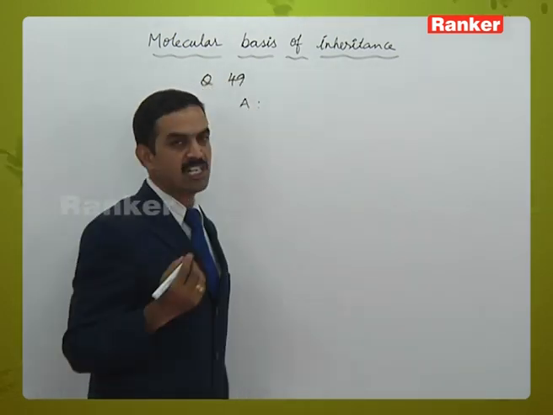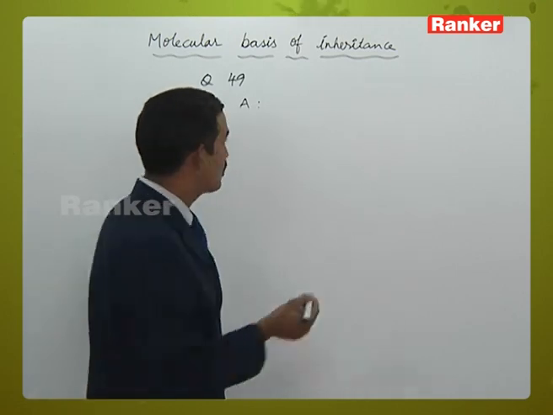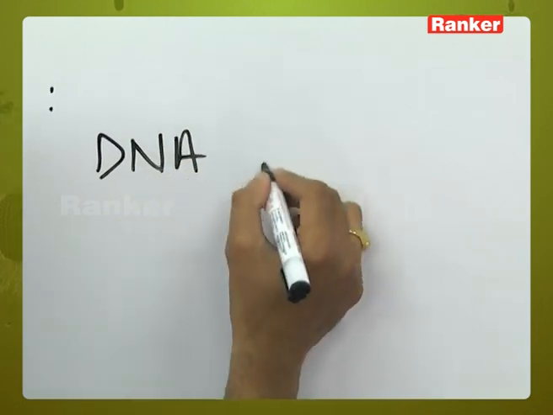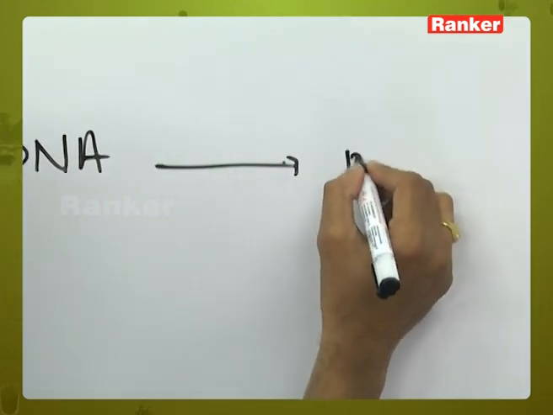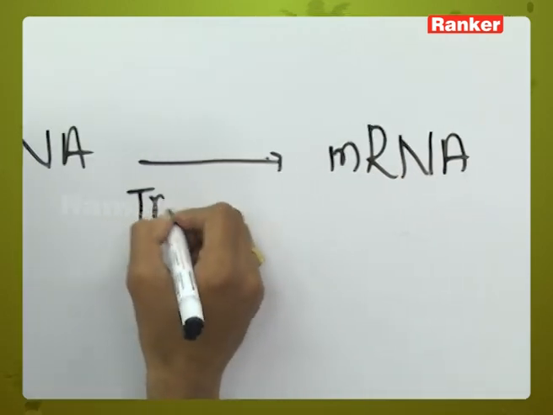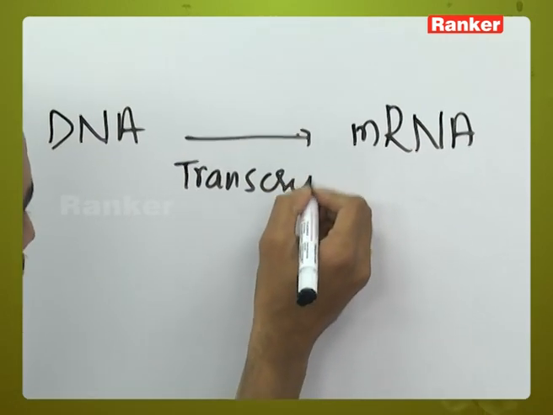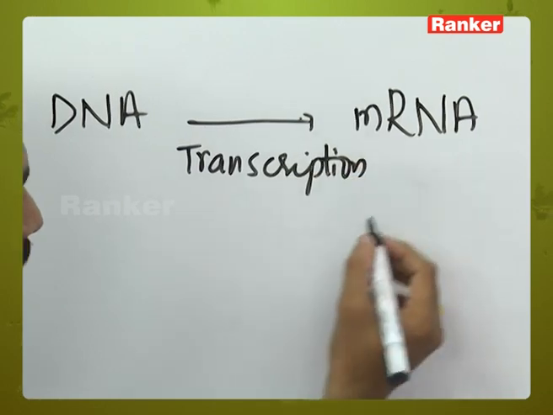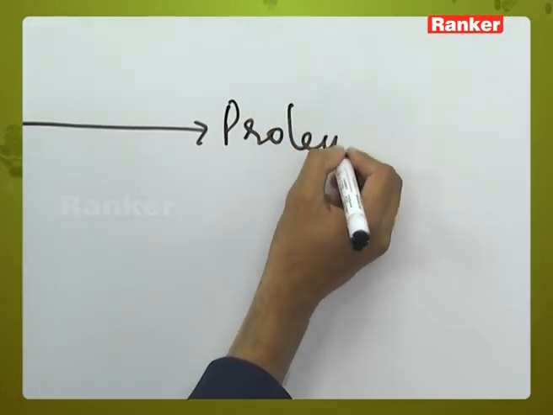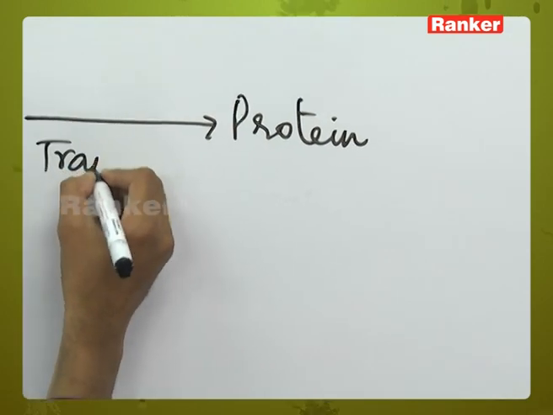We know the central dogma of molecular biology. In the central dogma, the DNA molecule gives rise to the mRNA molecule by a process called transcription, and mRNA is converted into protein molecule by a process called translation.